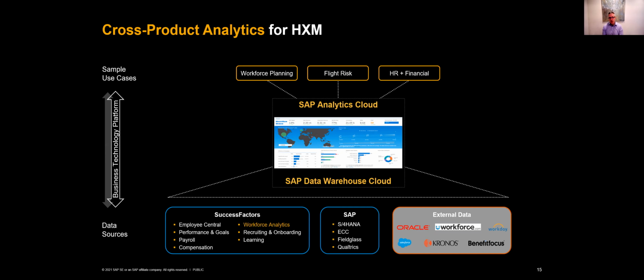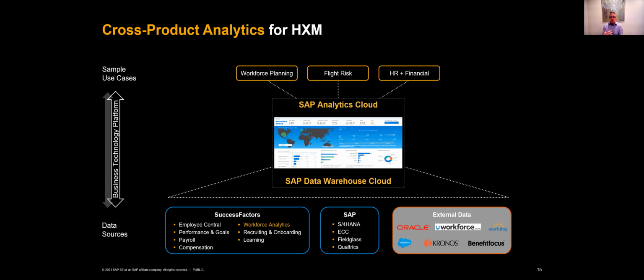Some of the use cases we're seeing is that customers want to be able to predict their workforce for the year, and they're trying to get better insight into that. They also are trying to predict how many employees will be leaving the organization this year due to different types of issues that you have in the company.